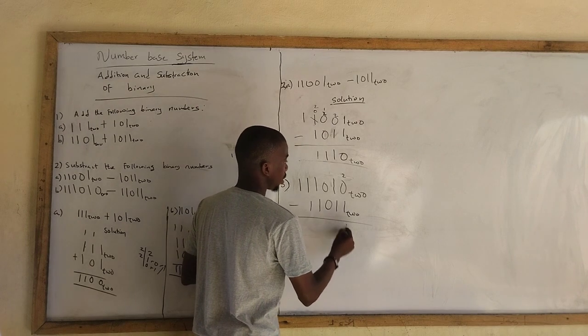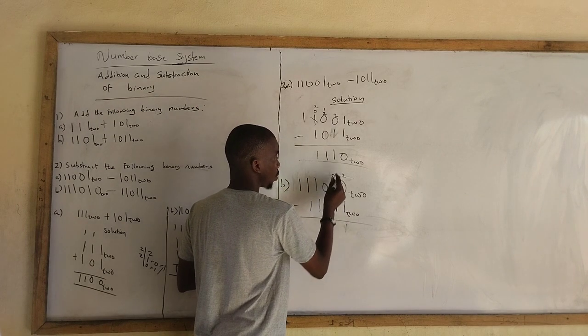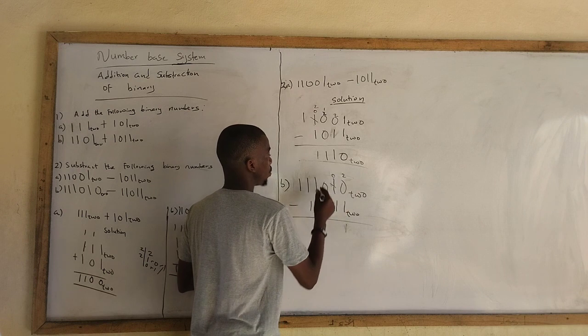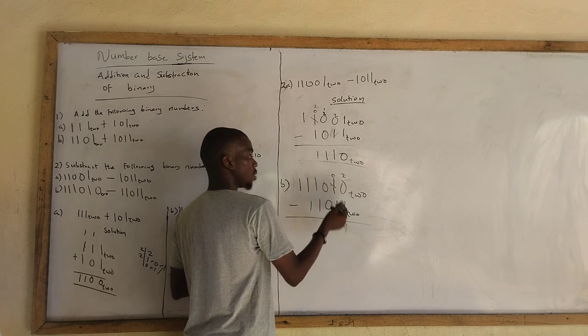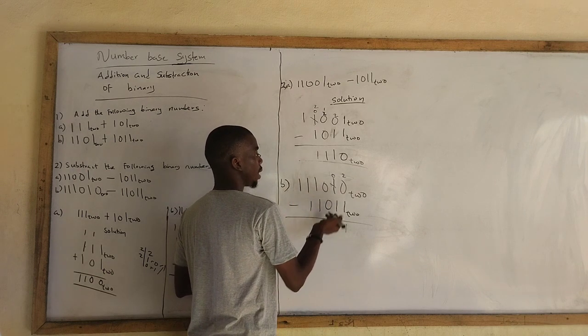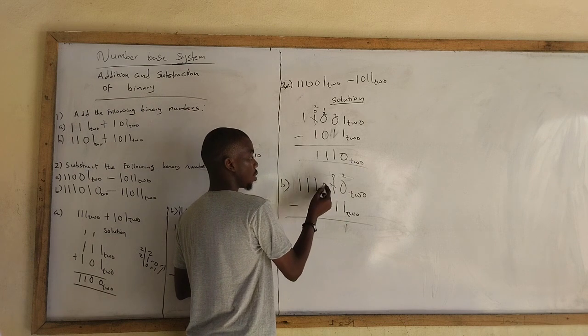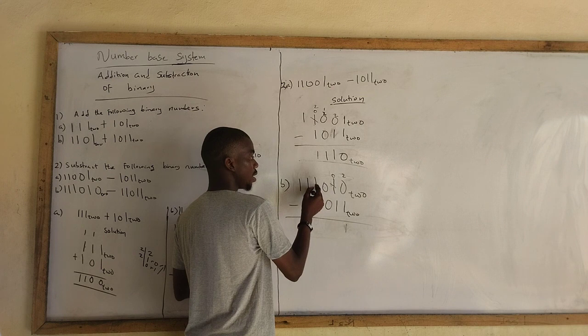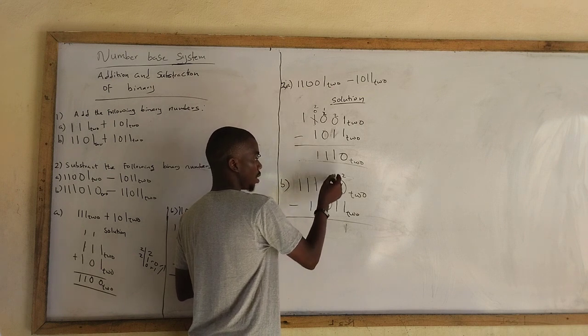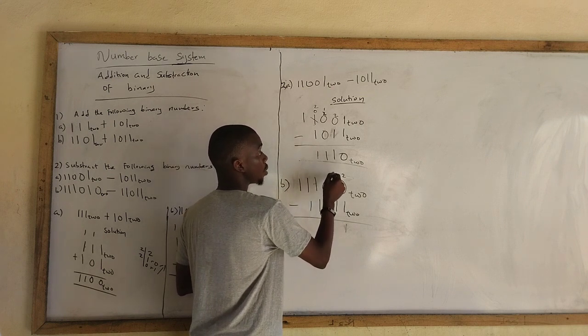Here became 0 because we took the 1 from here to here, so 0 minus 1 cannot, so we have to borrow 1. We come here, here is 0, so we borrow 1 from here to here, but the one on arriving here becomes 2.